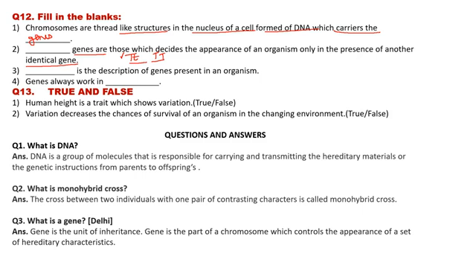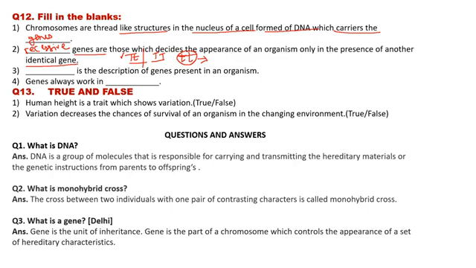Whereas the recessive gene t won't appear in the heterozygous condition because it is recessive. The recessive gene can only appear in the progeny when the condition is homozygous recessive, right? So here we can write recessive genes are those which decide the appearance of an organism only in the presence of another identical gene.